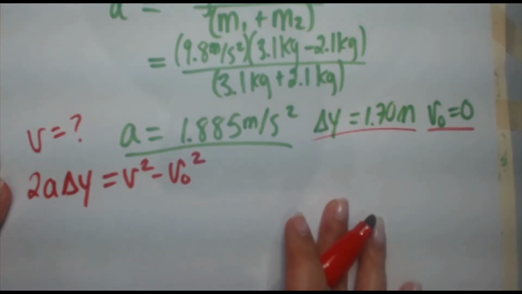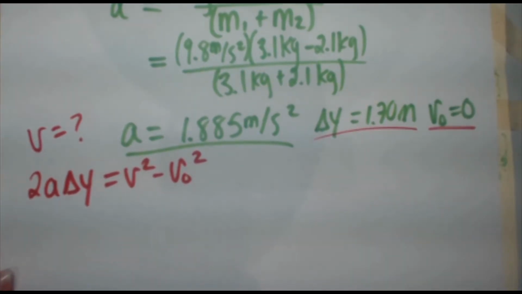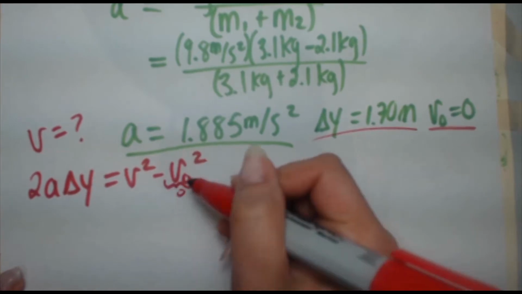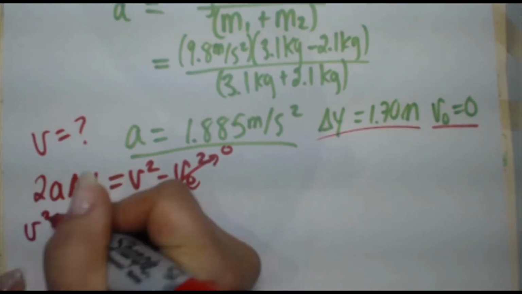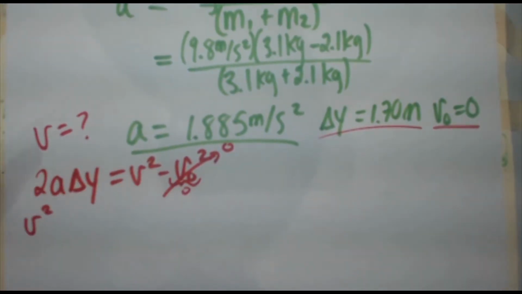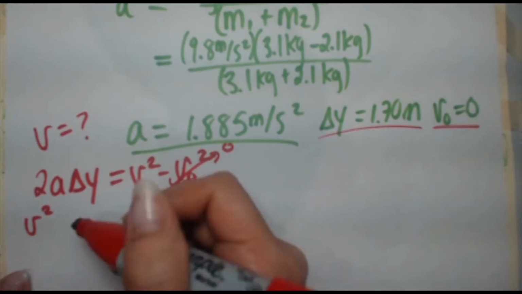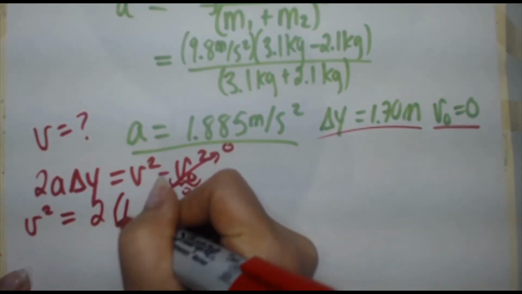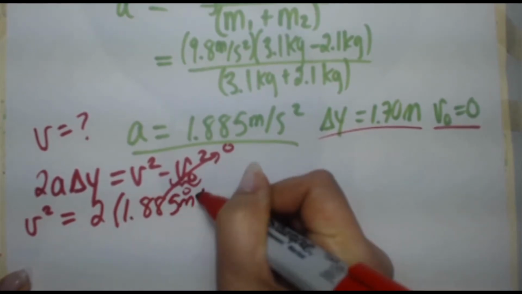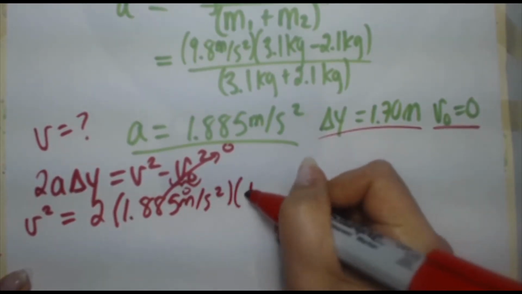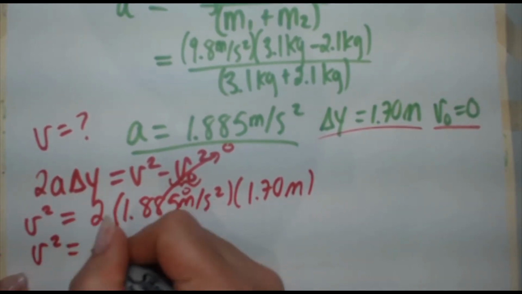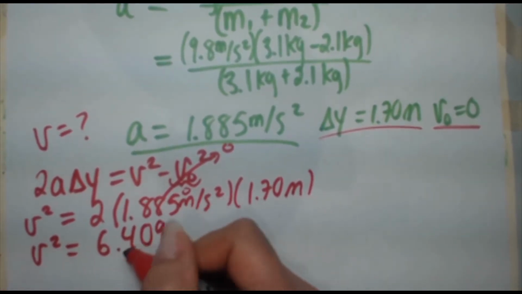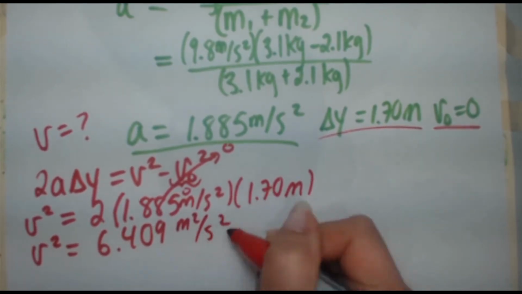Okay, now we're looking for V, and at the same time, we know that V0 is 0, so that goes away, done. So it's technically already isolated for V. So I'm just gonna rewrite this left on right, right on left. V squared equals 2 times acceleration, which is 1.885 meters per second squared, times delta y. It travels through 1.70 meters. V squared is equal to 6.409 meters squared per second squared.